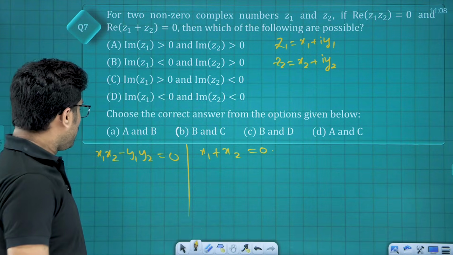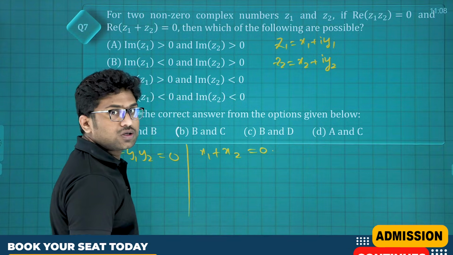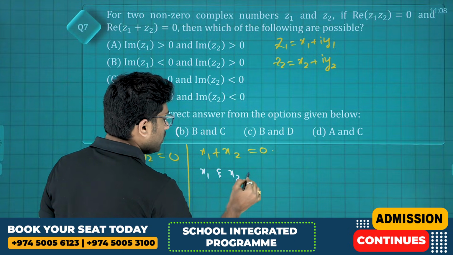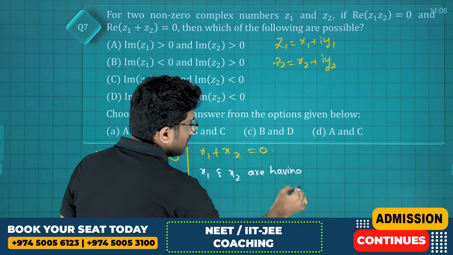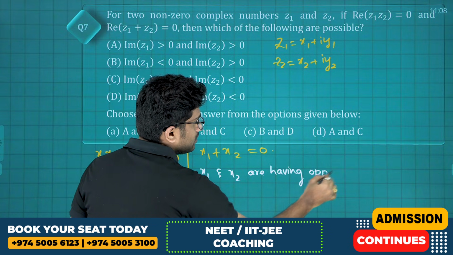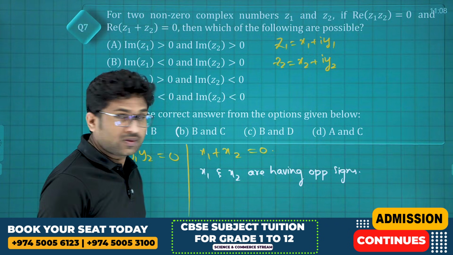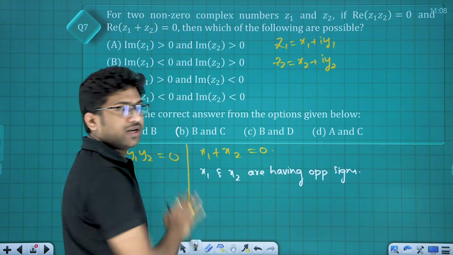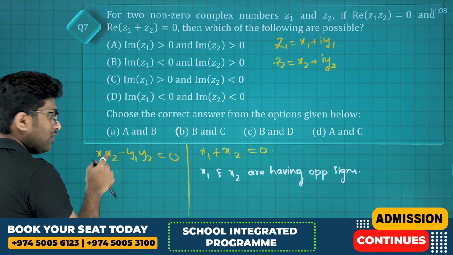Now from this we can say this, friends. If x1 plus x2 is equal to 0, that means x1 and x2 have opposite signs. Correct? Then only the sum will be 0, no? Suppose x1 negative, x2 positive. That means the x1 into x2 product will be negative.